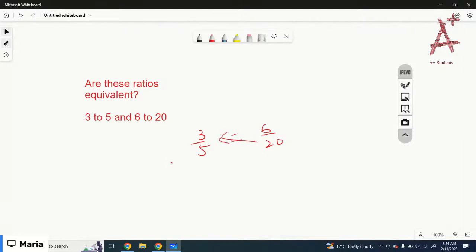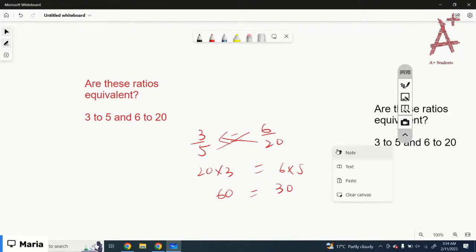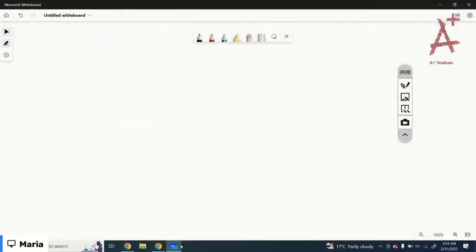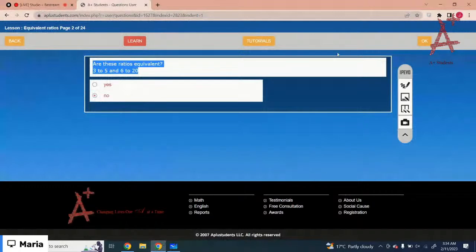Just do cross multiplication: 20 times 3 and 6 times 5. So 20 times 3 is 60 and 5 times 6 is 30. Got it? That means no, these ratios are not equivalent. So the correct option is no.